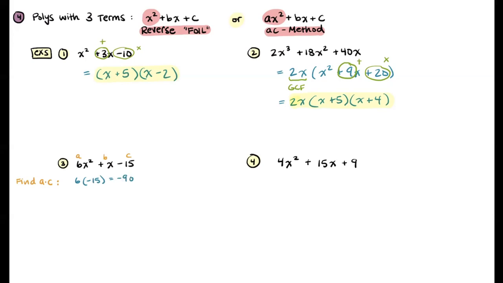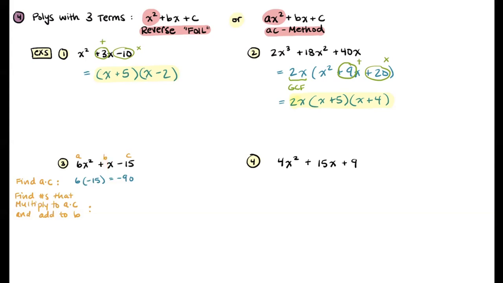Once you have that number, you look for numbers that multiply to A times C and add to B. So we need numbers that multiply to -90 and add up to, in this case, B is 1.